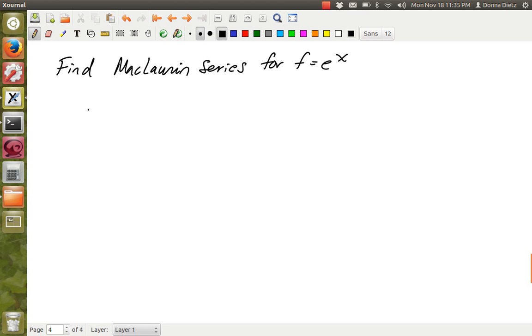Okay. So the neat thing about e to the x is any derivative is just itself. So that's great because if you evaluate it at 0, it's always 1. That's awesome. So why is this awesome? Because you get this sort of thing going on.